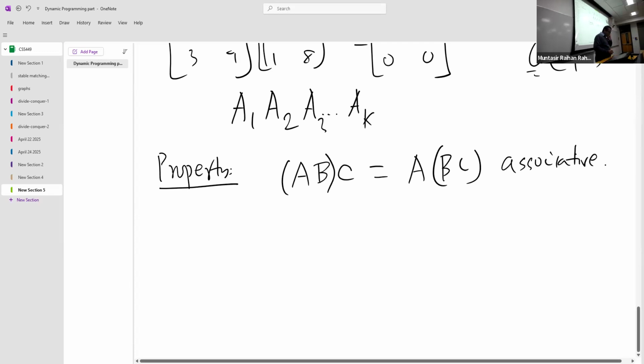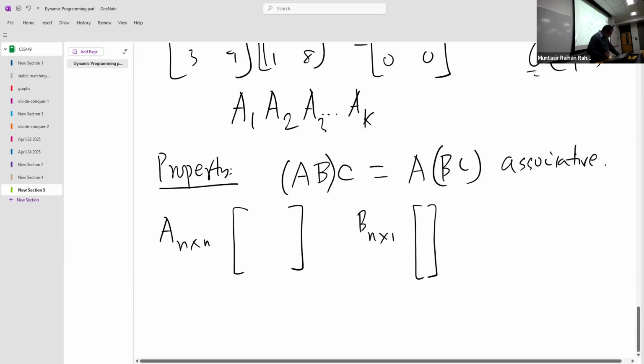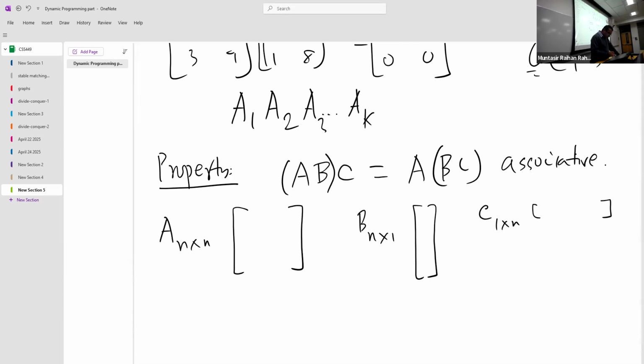Now let's look at an example. Let's say my matrix A is n by n. And then my matrix B is n by 1, so it's just a tall column. And my matrix C is 1 by n, so it's just like a row. Now there are two ways to multiply these three matrices.